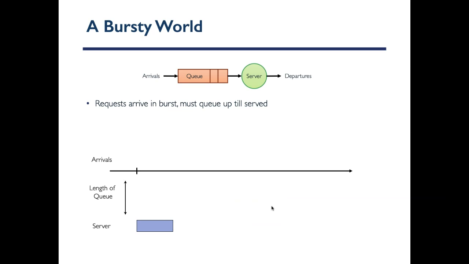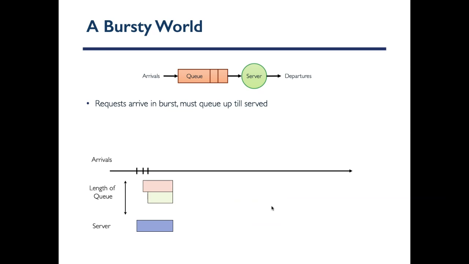So we're still keeping our arrival rate the same as before. It's just that some of the arrivals come at the same time, and then we spend some time with nothing in the system, and again a bunch of arrivals, and then again we wait, and so on and so forth. Let's see what happens in that setting.